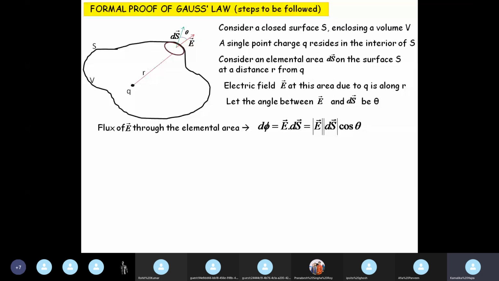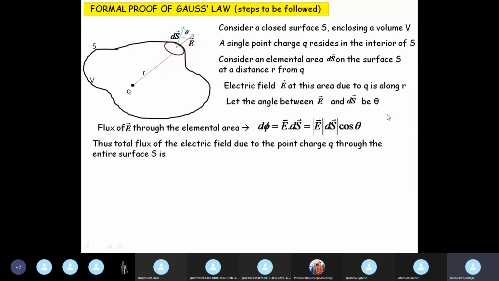So the total flux of the electric field due to the point charge q through the entire surface, how will we get it? Flux d phi through just this elemental area, that is infinitesimal area ds, is this. So how will you get the total flux through the entire surface area S? You will integrate this, plain and simple.